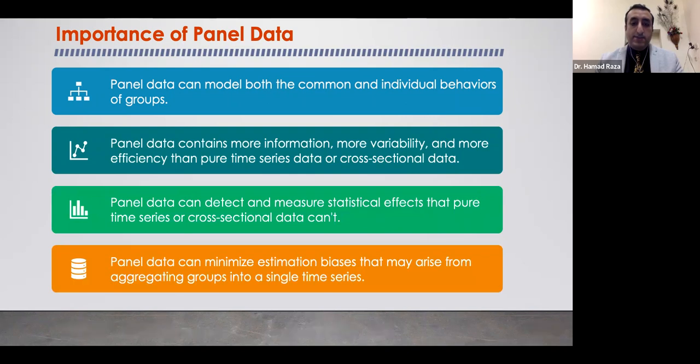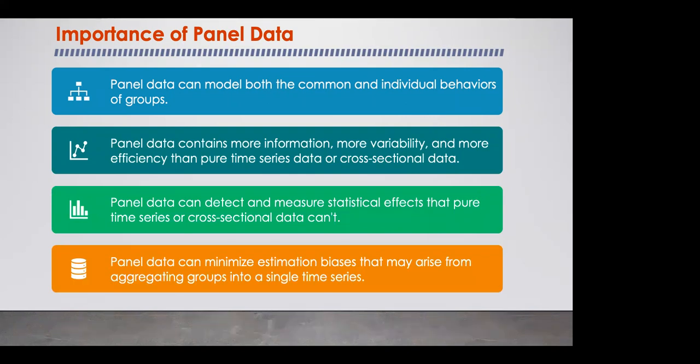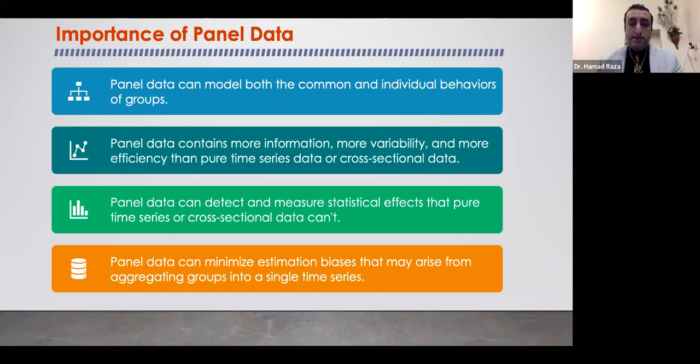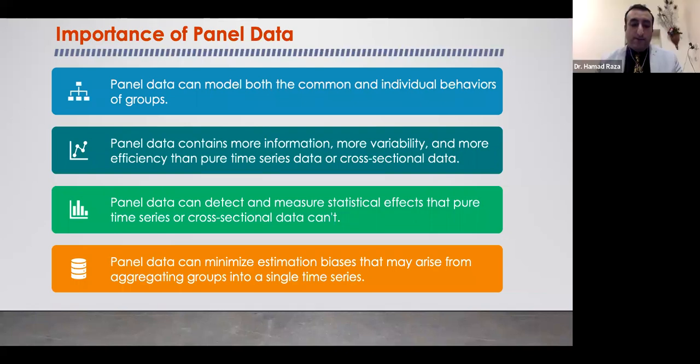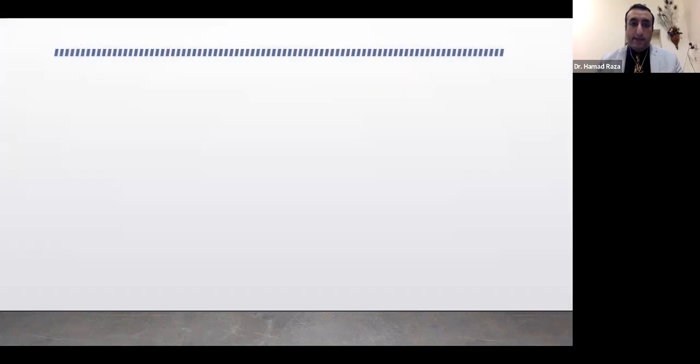Panel data can minimize estimation biases that may arise from integrating groups into a single time series. It means panel data avoids estimation biases. As we have grouped many firms with different time series, this is why most of the trends are going towards panel data analysis.